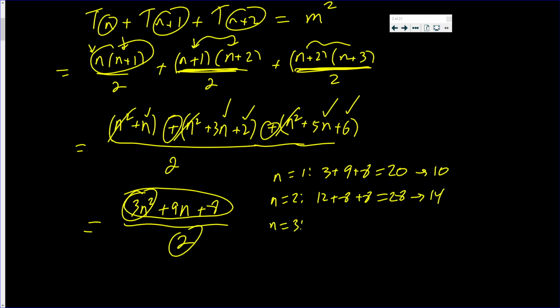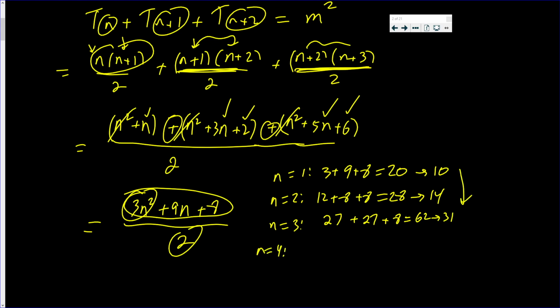n is 3. 3 times 9 is 27, plus another 27, plus 8. This is 54 plus 8, which is 62. And half of that is 31. Well, the numbers are going higher.